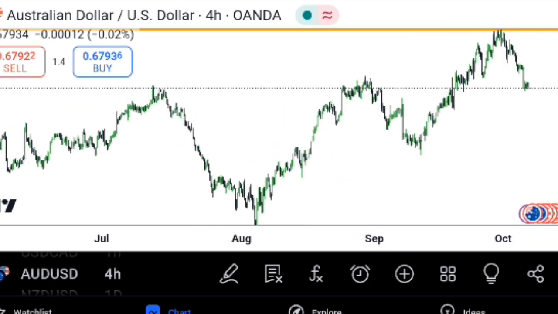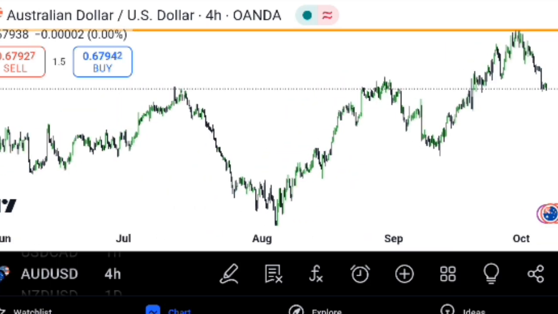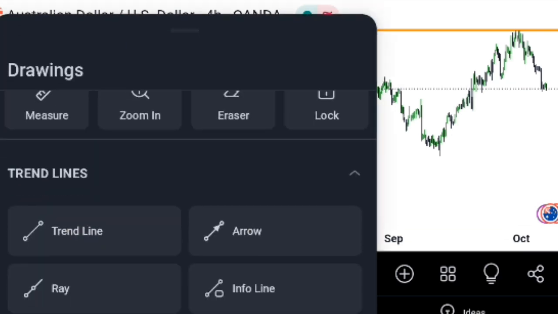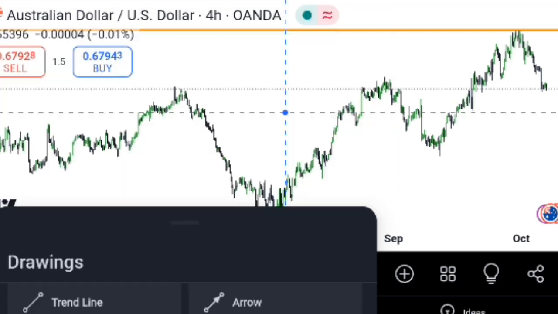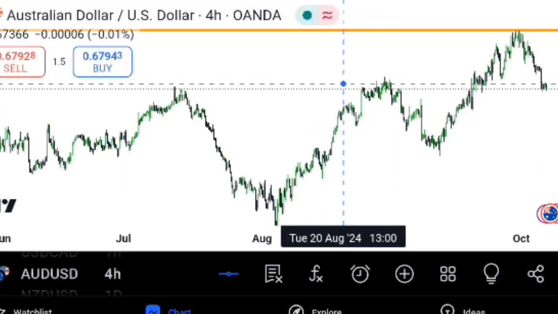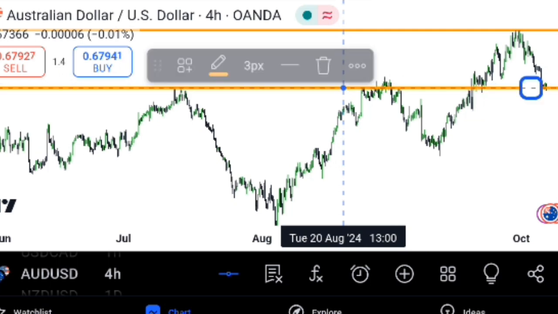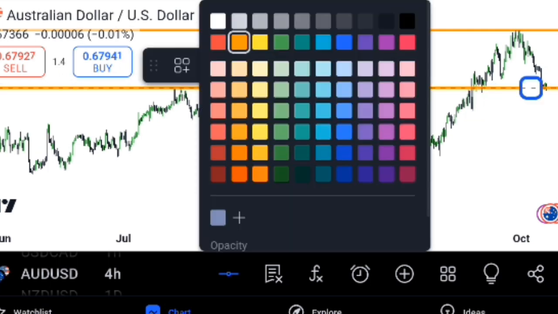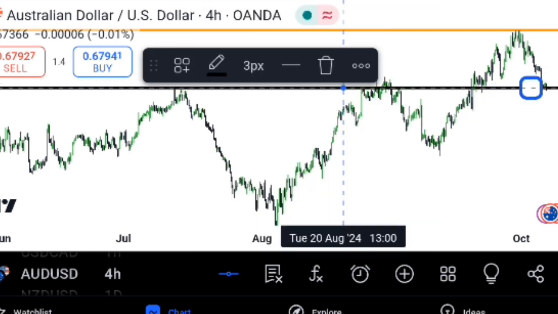If you look closely at this chart, you realize that there is another major zone around here. So we are going to come in with our tool and still mark that area. This is the area I'm talking about. Price has been acting up along that area.